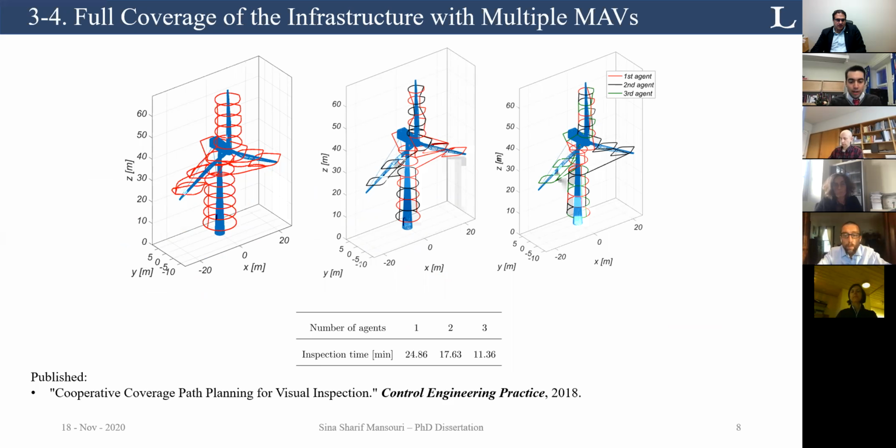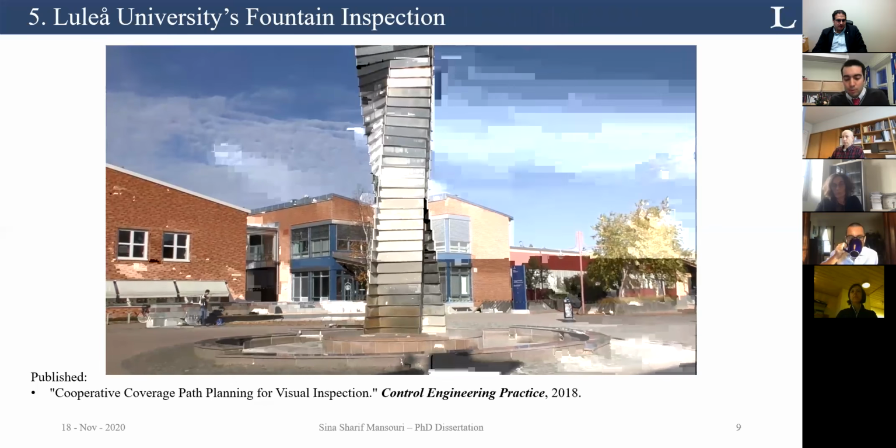Here I should highlight that our platform had a flight time of 10 minutes. So it was infeasible to do the whole inspection of the wind turbine in one pass with one agent, and that is why we needed multi-agent support in our algorithm.